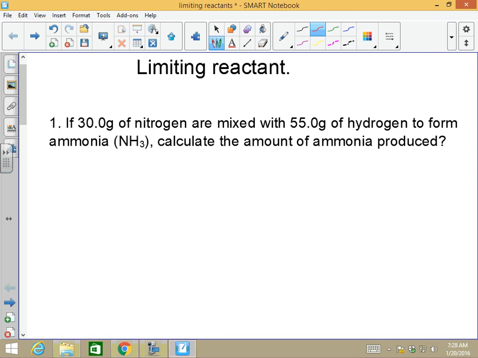The question says if you have 30 grams of nitrogen mixed with 55 grams of hydrogen, the product you get is NH3.